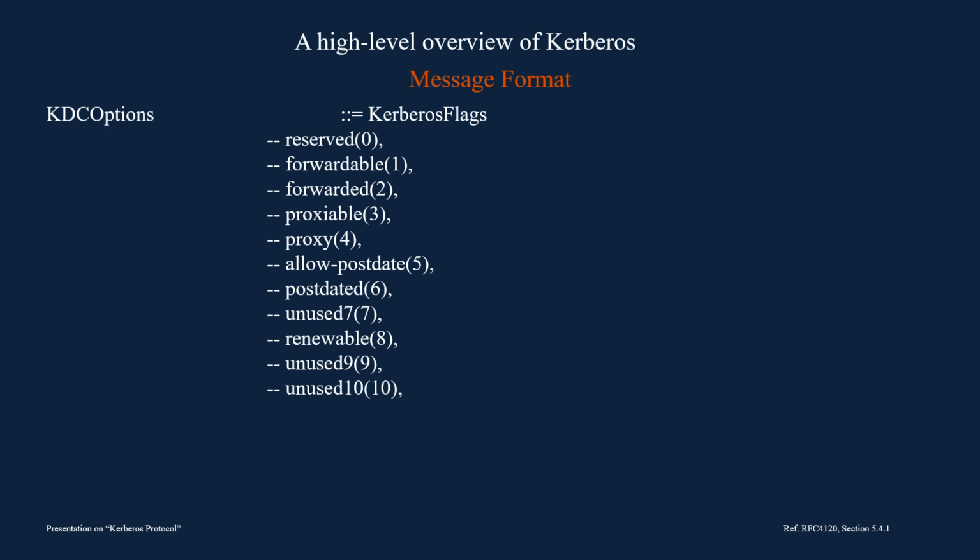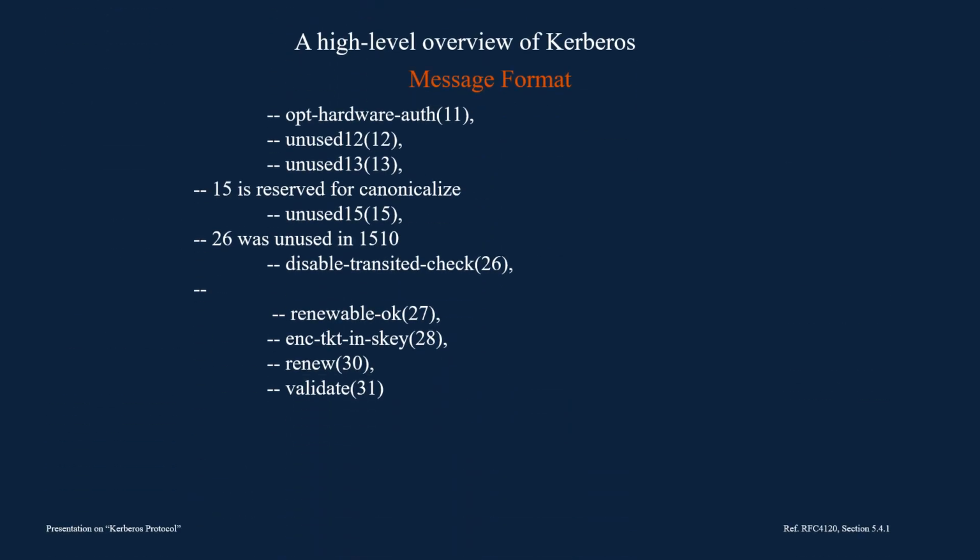Different flags like reserved, proxiable, proxy, post-dated, optional hardware authentication bits, and some other unused bits. It's not possible to talk about all the fields and flags. I encourage you all to read RFC 4120 to know more details about those messaging formats.